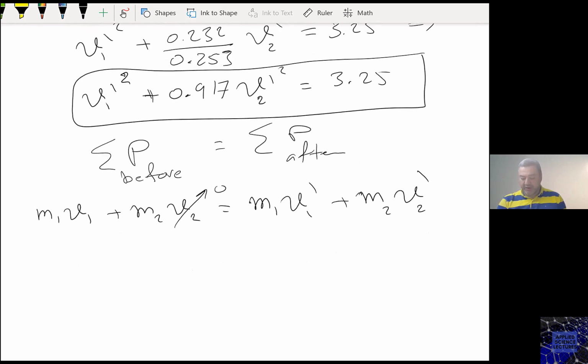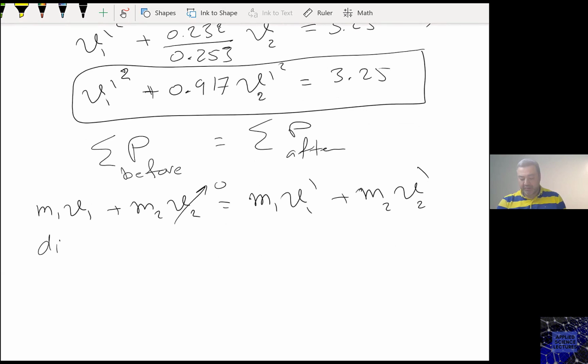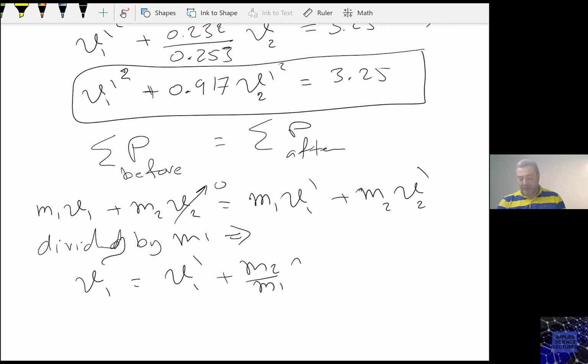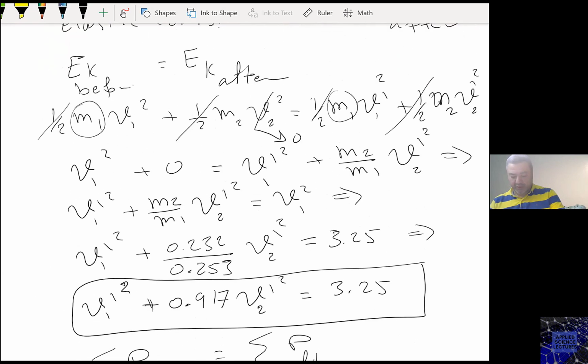Then dividing by M1, V1 equals V1 prime plus M2 over M1 V2 prime. I know V1 is 1.8.